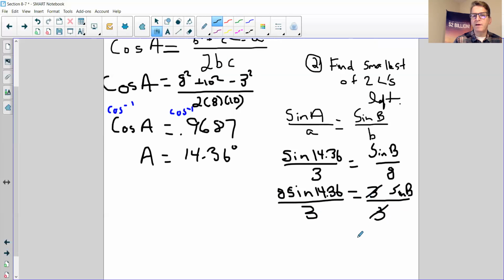That crosses that out. Sine of B is equal to 8 times the sine of 14.36, all of that divided by 3. So the sine of B, when you calculate this all out, is about 0.66136.